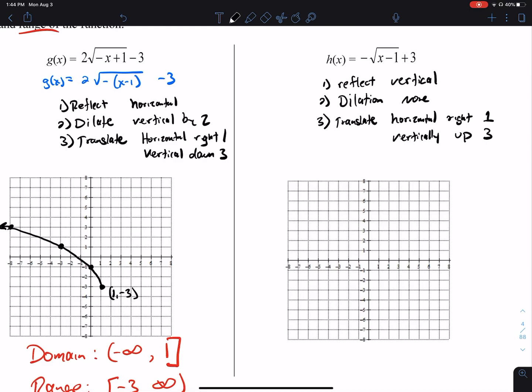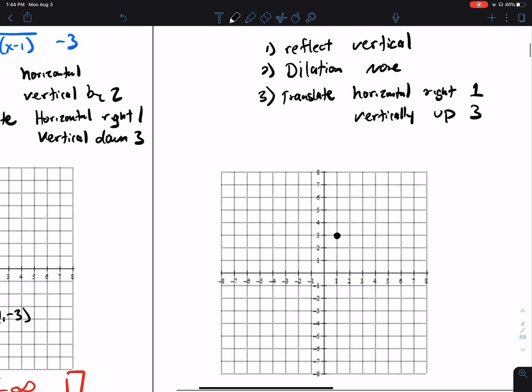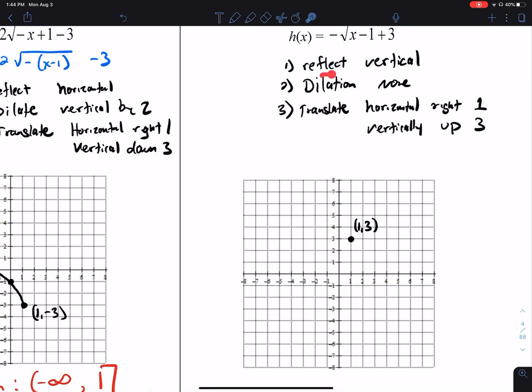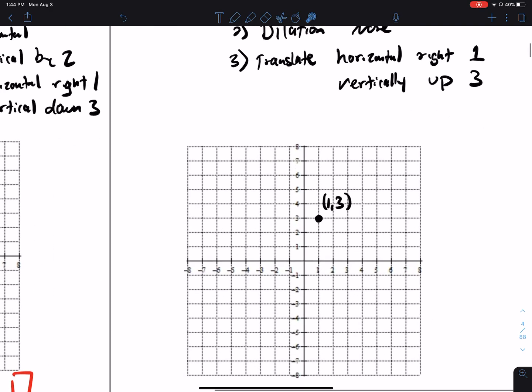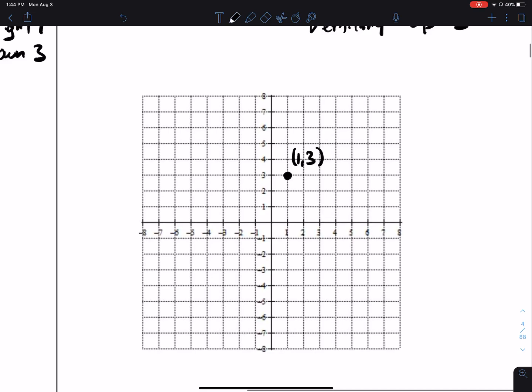When we graph this, let's put the vertex on first. The vertex is normally at 0, 0. We're going right 1 and up 3, so we are going to be right here. That's our starting point at 1, 3, our vertex. There's a vertical reflection, there's no dilation. A vertical reflection means instead of going up, we go down. Instead of going down, we go up.